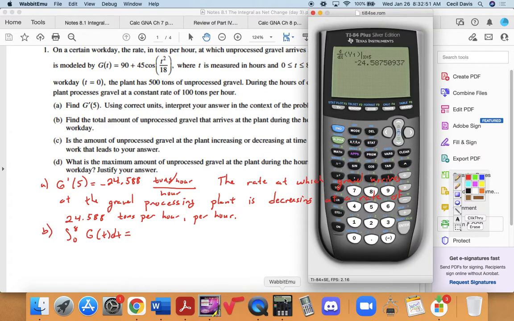And since we put it into the calculator, we can just go, okay, math 9 from 0 to 8, Y1 with respect to x.